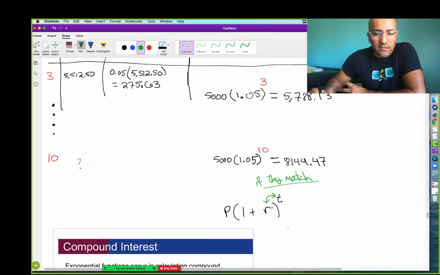Luckily for us, it's not that complicated, because rates are almost always given on an annual basis. It's almost unheard of to be presented a rate that is not annualized, right? And that's just a decision that the federal government or somebody has made, I'm assuming a federal regulation, probably to make things easier, because otherwise people would be confused.